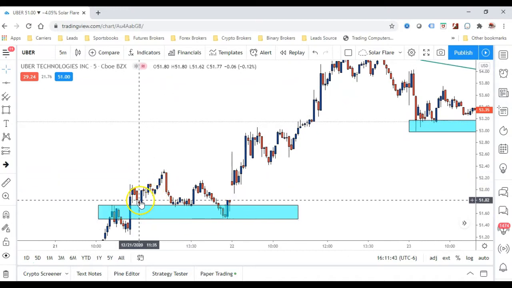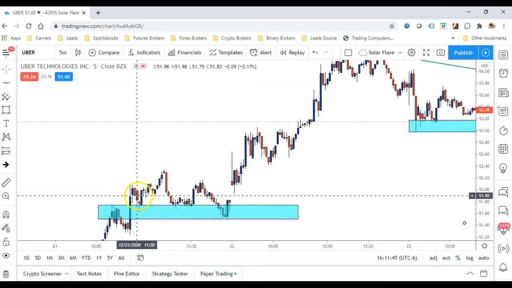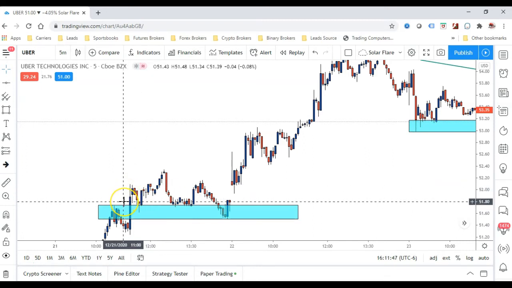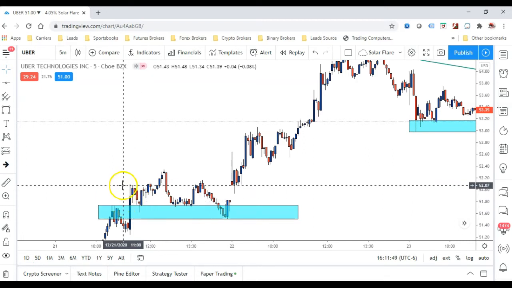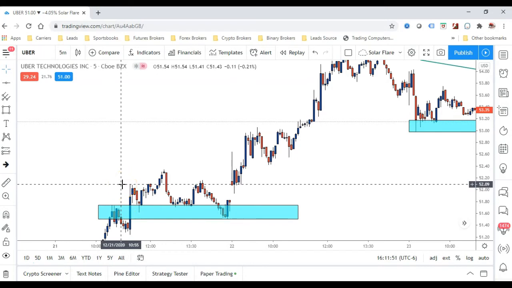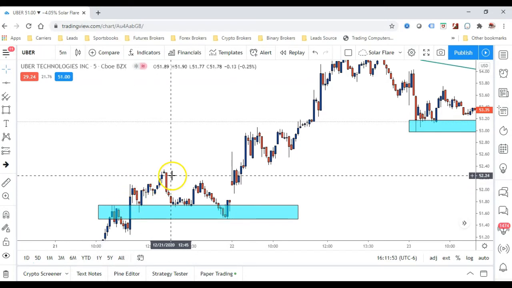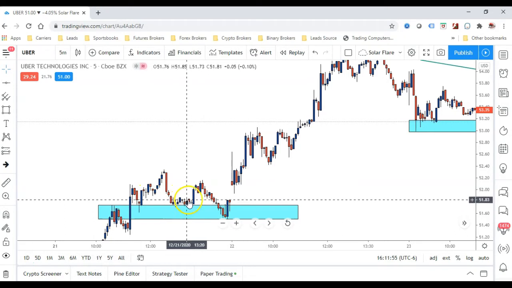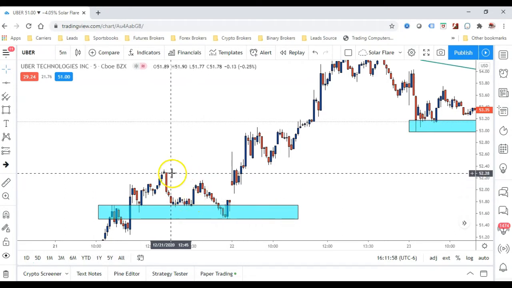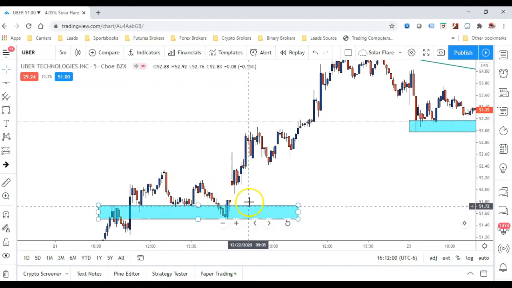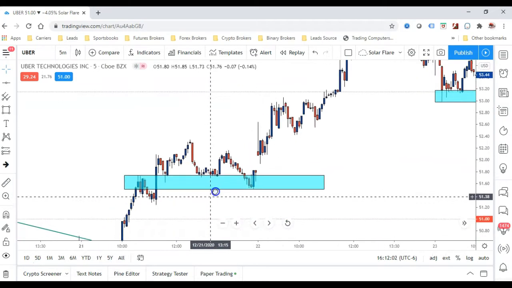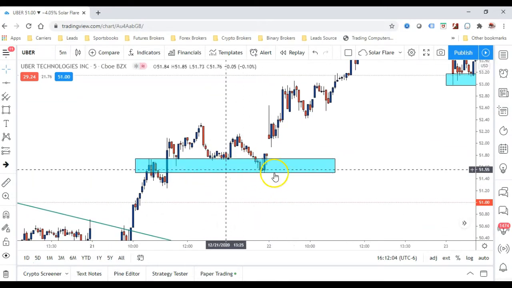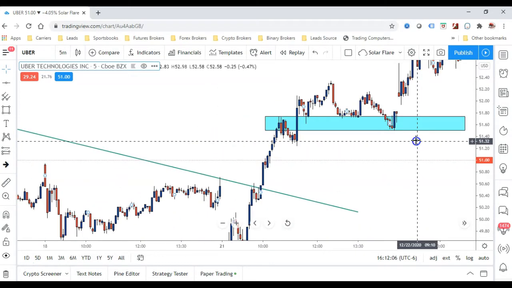You could have got in here at this rejection of this wick and rolled it back up from $51.80 to $52.09 for a quick scalp. Or you could have come back here and rolled it down to try to get back up to this point. These trades didn't break the support zone, so those were great trades.